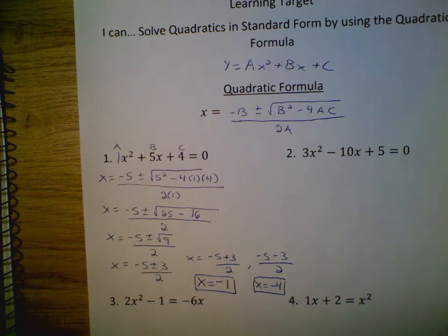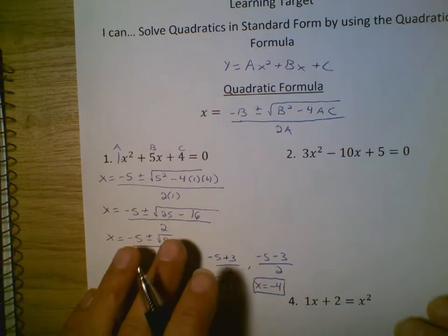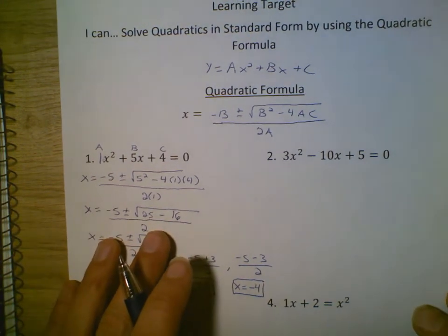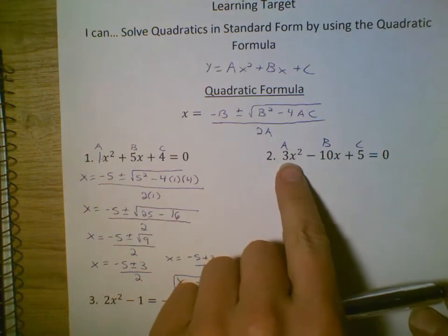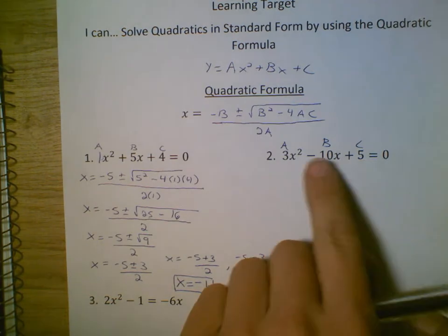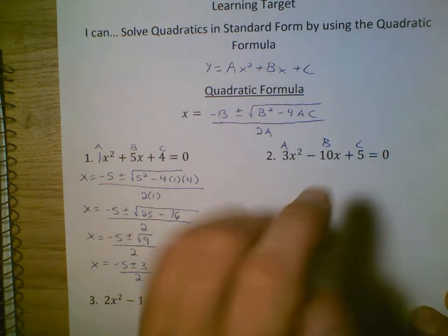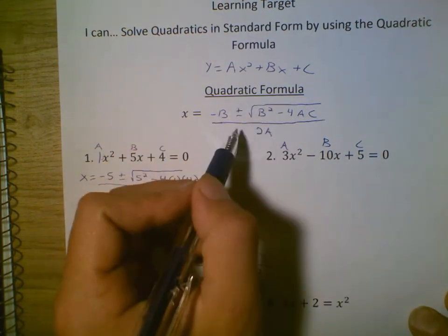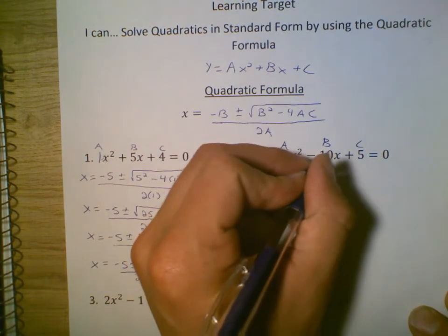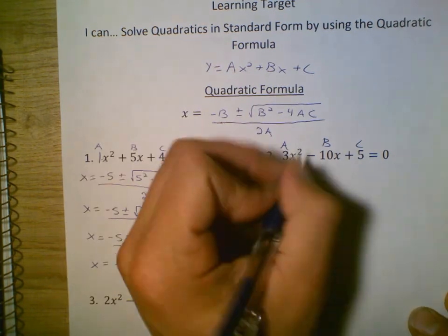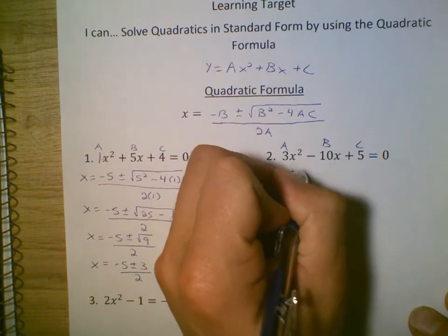All right, let's look at a second example of doing this. If I look at number 2, it's the same thing, a, b, and c, as long as it's x squared, x, and constant, that needs to be in order. And then we're just going to plug those into the formula. So I get x equals the opposite of b. Because it's negative 10, it's going to be positive 10, plus or minus b squared.